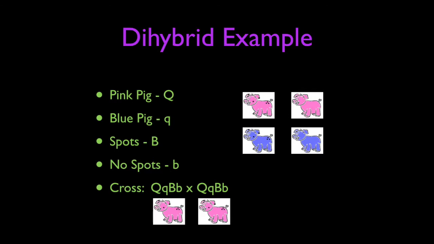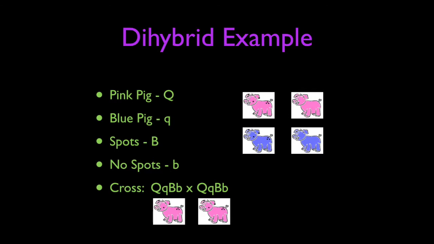So I use Q's and B's. Q's are obvious to tell whether you have a capital or lowercase, same for B's. So for the pink pig, it's a capital Q, meaning it's dominant. And for the blue pig, it's a lowercase q, meaning it's recessive. Same for spots. For spots, it's a capital B for dominant, and no spots is a lowercase b for recessive.